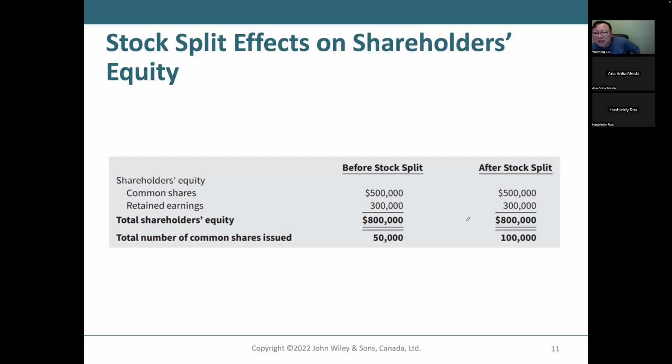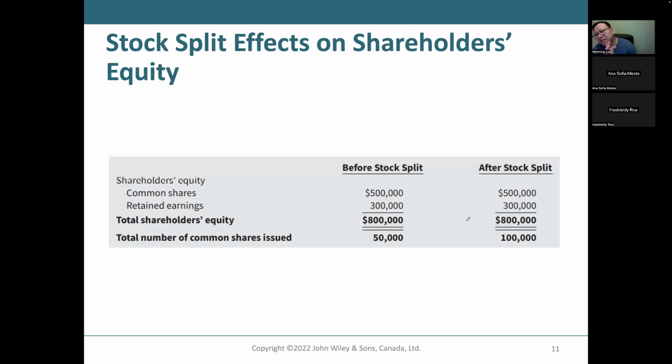What about the shareholders' equity for the cash dividend? Shareholder equity has two main components, right? You have the share capital and the retained earnings.